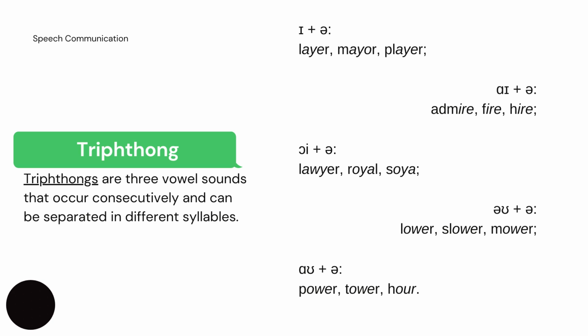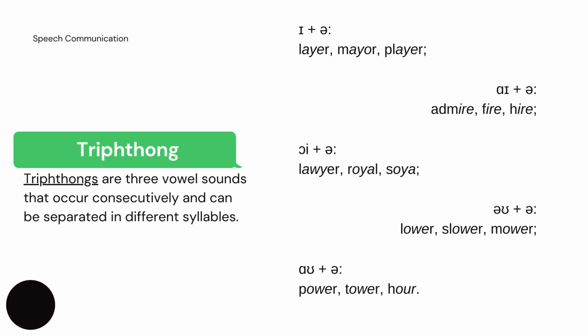On the third type of triphthong, we have these examples: lawyer, royal, and soya. Let's identify the combination of vowels in here. We have A and O. So lawyer, royal, A-O, and then soya, A-O, and then the schwa sound. Okay, so the fourth type of triphthong, we have the OU.